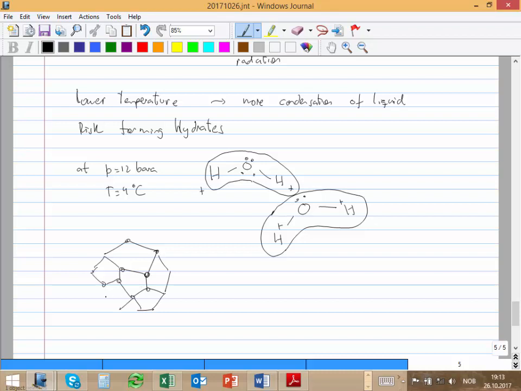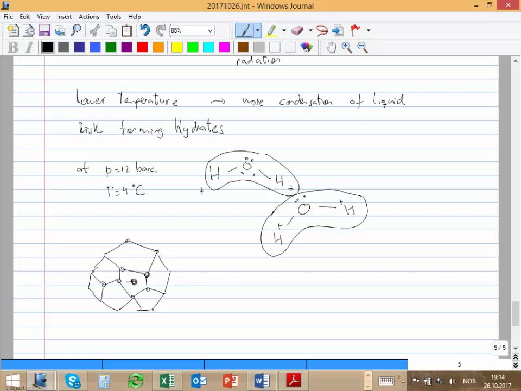Just bear with me a bit. They arrange themselves like in a cage. When the temperature goes down, just because they like each other, they are colliding, and then they start forming a cage-like structure, just like if they were going to form ice, and then it makes a house.